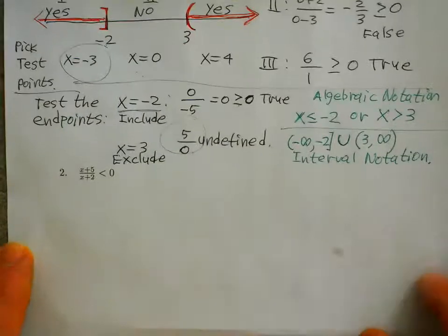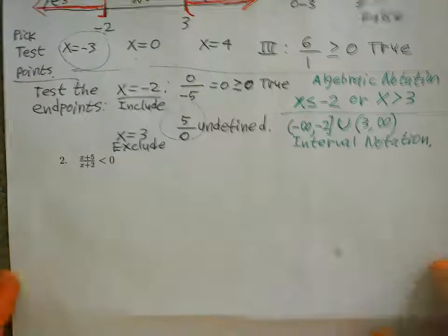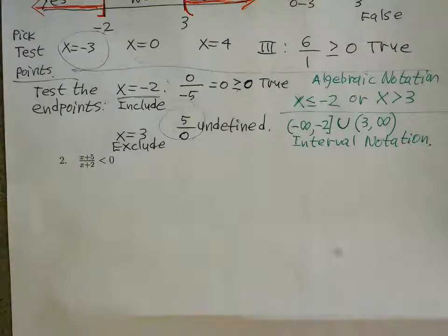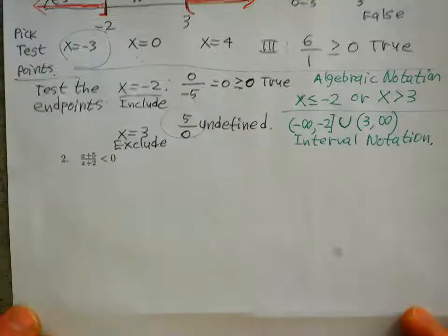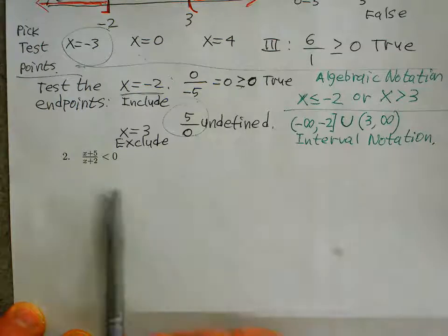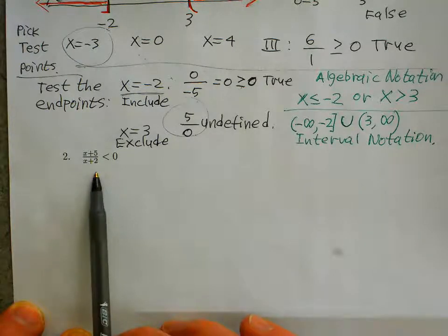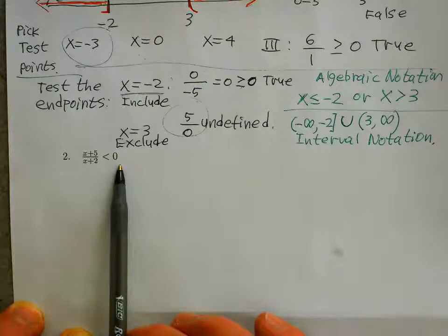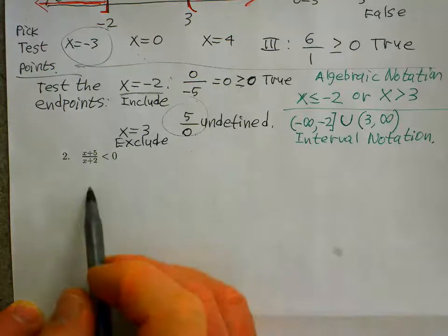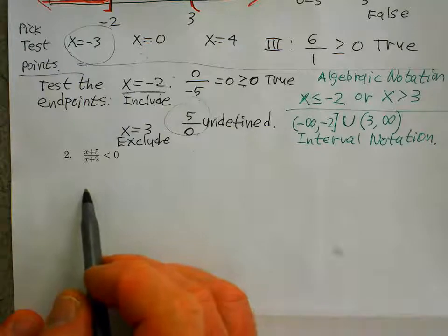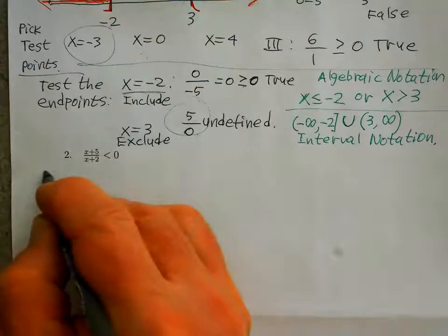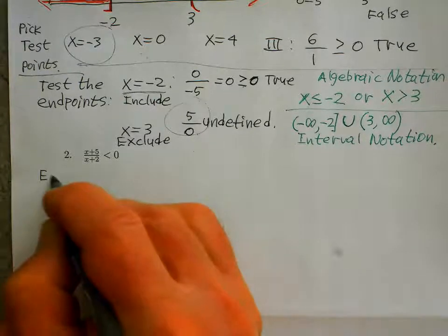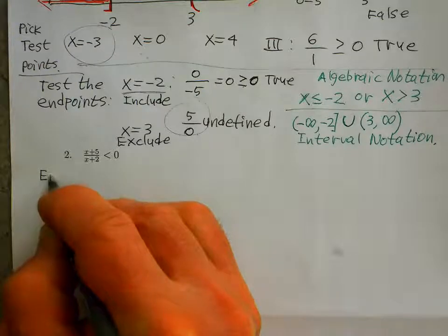Okay, let's move on to the second one. The second one is similar to the one we just did, but different. When solving rational inequalities, we want one side to be 0. We already have that. Then we want to find the endpoints of the intervals, the numbers that divide the number line into separate intervals.